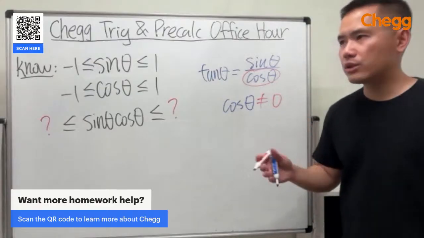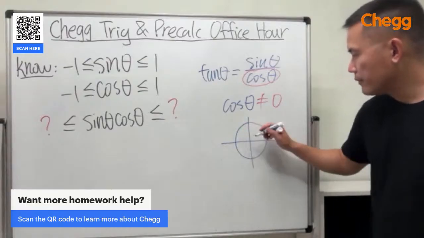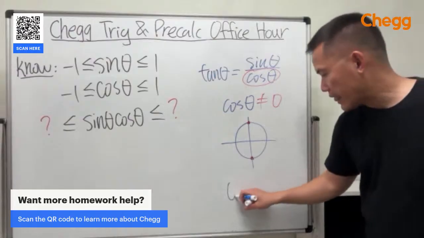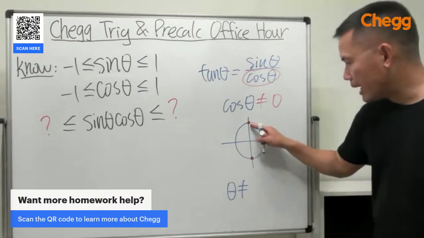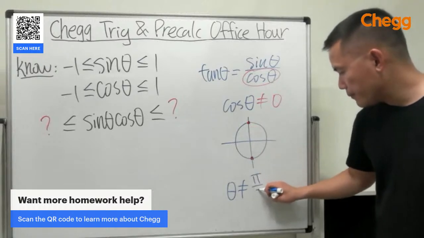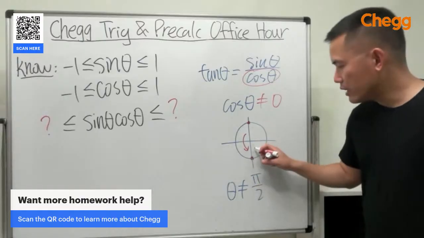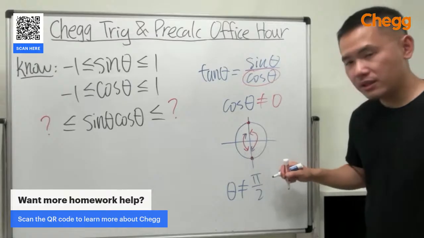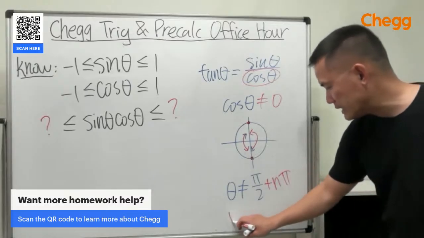And where is cosine going to be 0? If you think about the unit circle, the x value is 0. So theta cannot be pi over 2. And if you go to the next one, you just add pi, and you can keep on going like this. In fact, you can go in whichever direction. So you will just say plus n pi, where n is an integer.